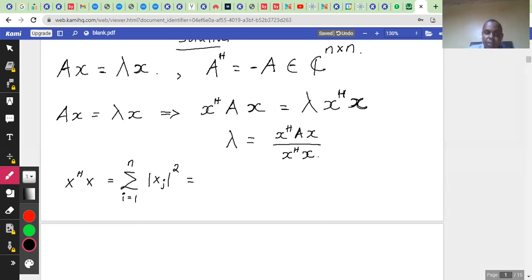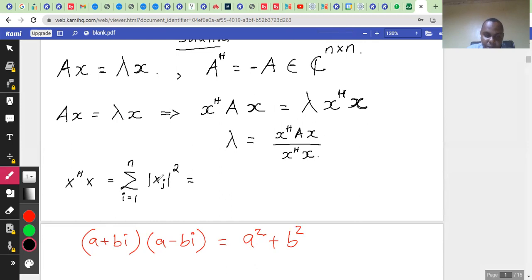Whenever you multiply a complex number a plus bi by its conjugate, you will always get a squared plus b squared, because i squared is minus 1.